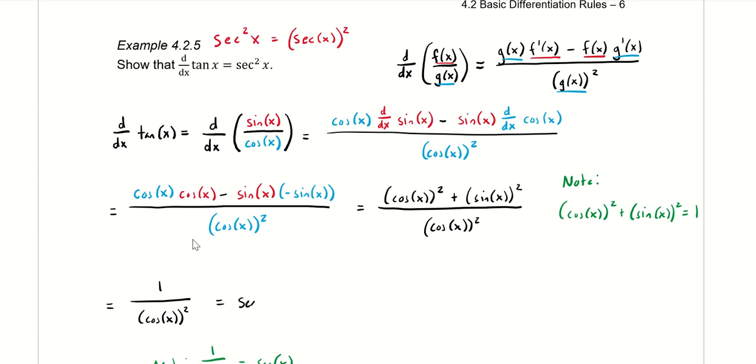This is secant x squared, or writing it in the more traditional way, secant squared of x, which is what we wanted to show here. So there's the quotient rule, and let me write that on here.